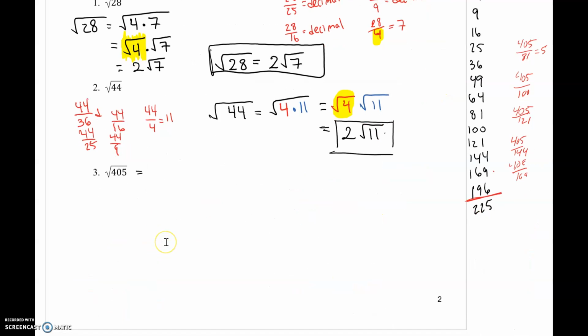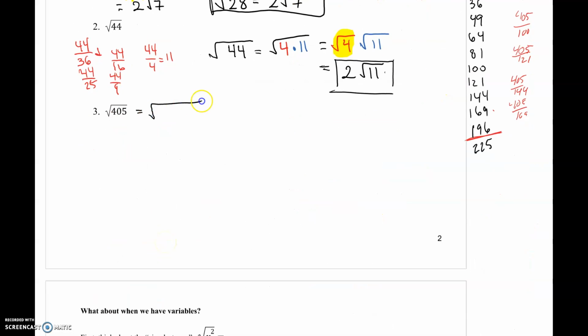So we're going to take the square root of 405. And we're going to use the fact that 405 is 81 times 5 to break that up into two square roots. Square root of 81 times the square root of 5. We're hunting for these perfect squares because square root of 81 has a nice way to simplify it. What is the square root of 81?